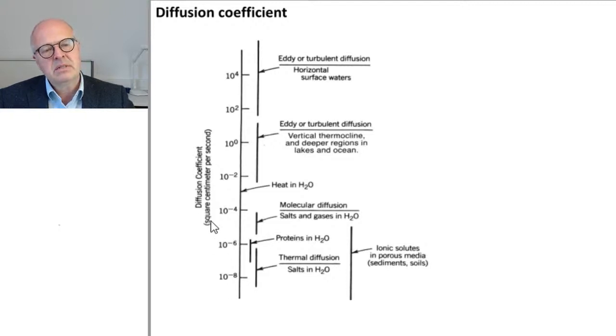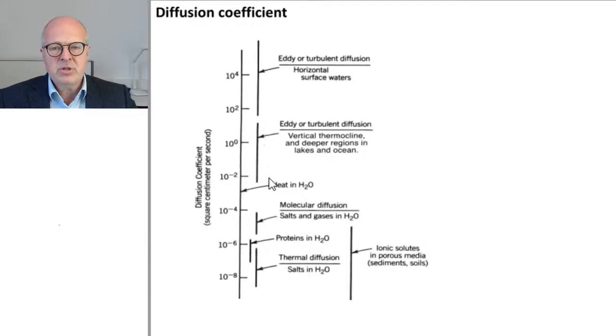The unit here is square centimeter per second, so we have to be careful here because it's centimeter per second with absolute values. Now, proteins in water have a diffusion of 10 to the minus 5. Molecular diffusion of salts and gases in water is 10 to the minus 4 square centimeters per second. Heat, as I have mentioned, in water is 10 to the minus 3.